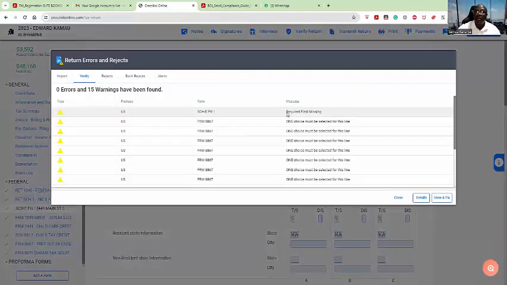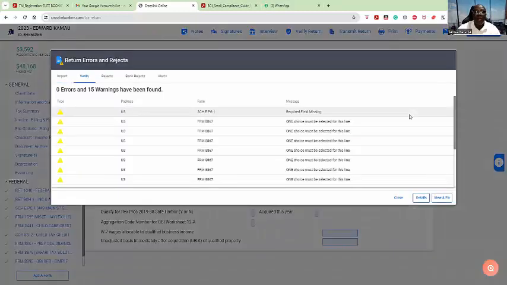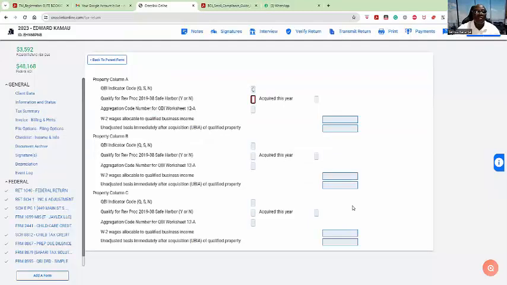Okay, so it will tell you the errors that you have. So the code, this one QBI indicator, QSN. Q means it's qualified. It's a business that is qualified to get a credit. Okay, so Schedule E, page 1, required missing information. Let's find out what that is.